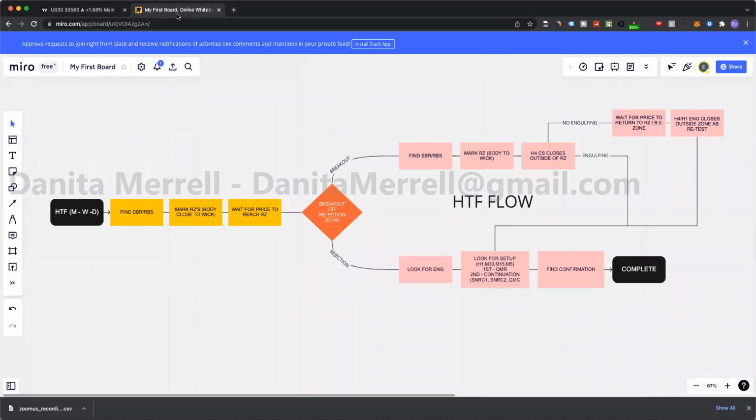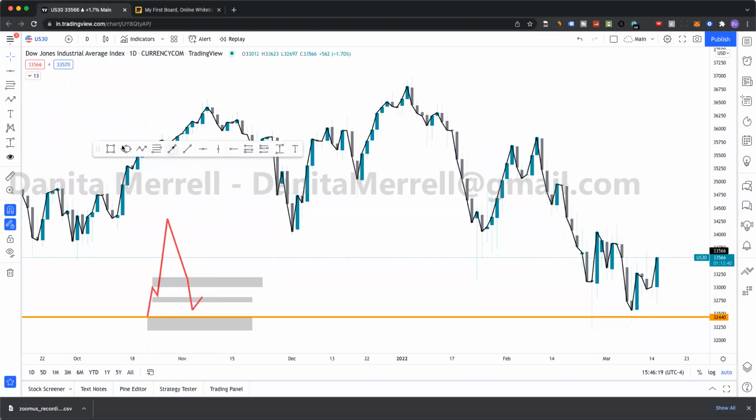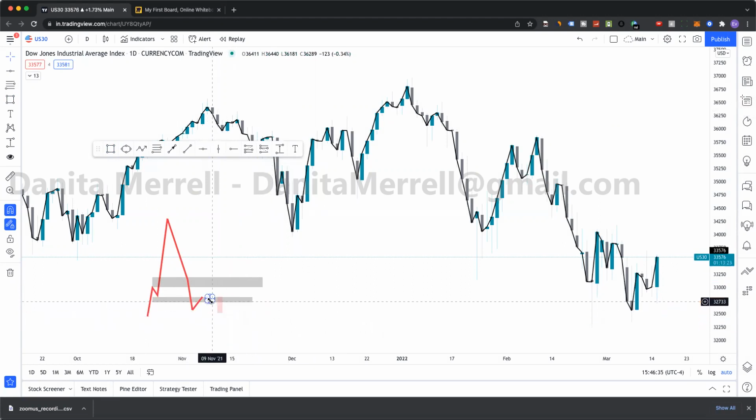And what we've got to do next is look for H4 candlestick closes outside of the rejection zone. So if this is our rejection zone, what we need is another engulfing here, an engulfing pattern like this, closing outside of the zone. Okay, so this would be an engulfing, if you can see that.